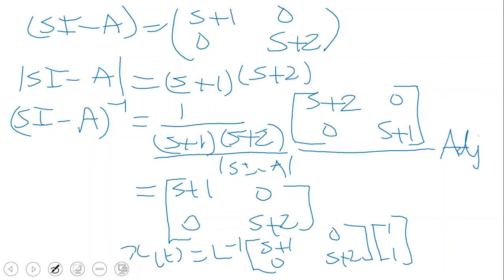So if you find out the L inverse of (sI minus A) inverse, we will get e power minus t, 0, 0, e power minus 2t.